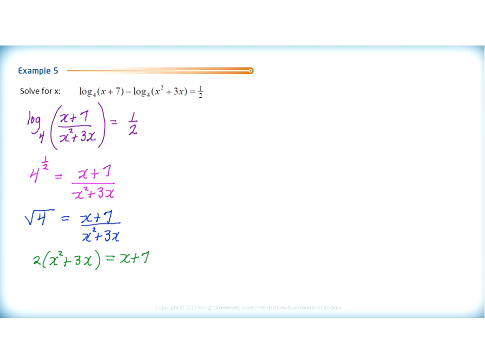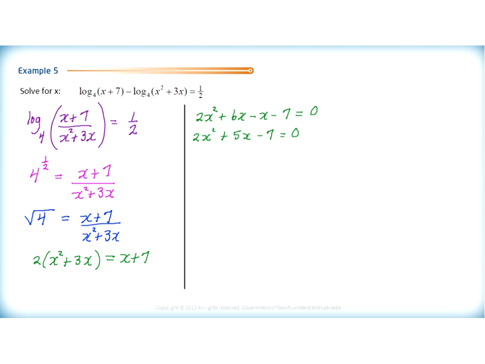So that results in, I'll just go up to the other side to finish the solution. So we have 2x squared plus 6x, bring all terms to one side and let it equal 0. So we have 2x squared plus 5x minus 7 is equal to 0.